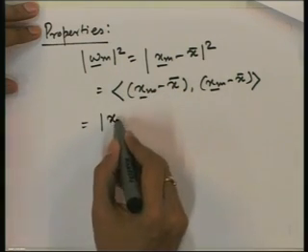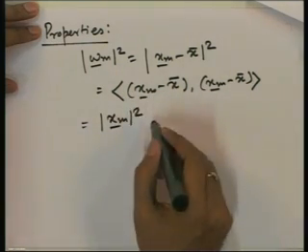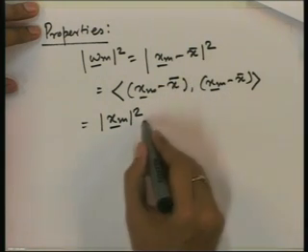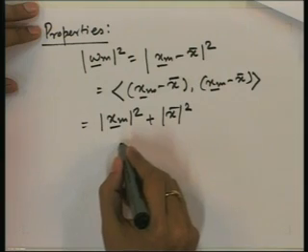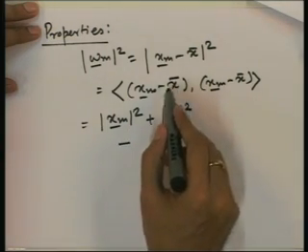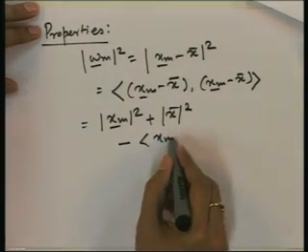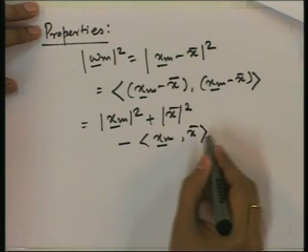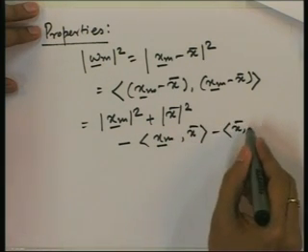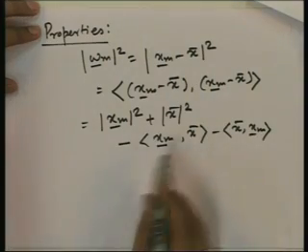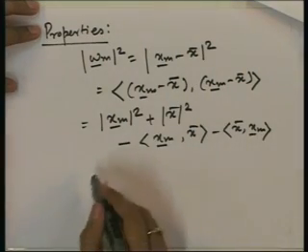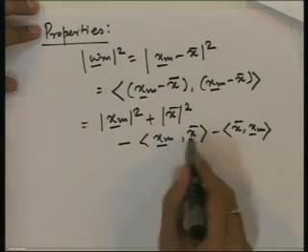The inner product of x m with x m will be mod x m squared, the energy of x m, then x bar with x bar, then minus x m with x bar minus x bar with x m. Both of these are the same because we are considering real vectors. And what is this inner product?